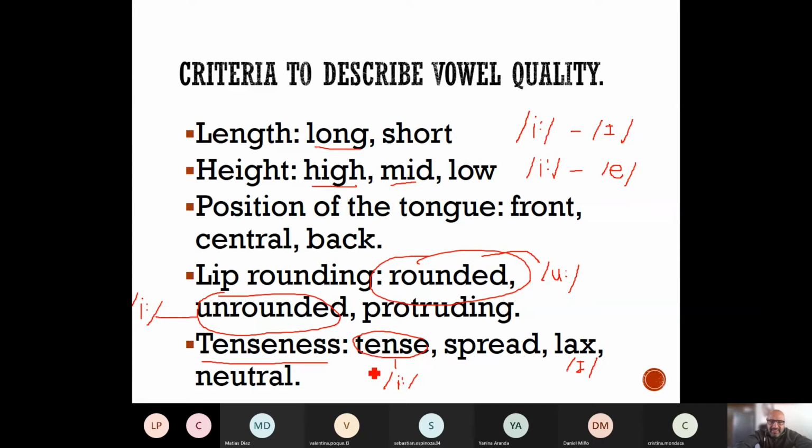E is tense. A is tense. U is tense. O is tense. All the long vowel sounds are tense. All the short vowel sounds are lax. Okay?